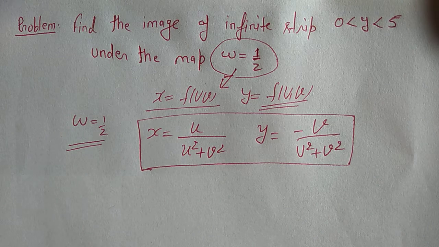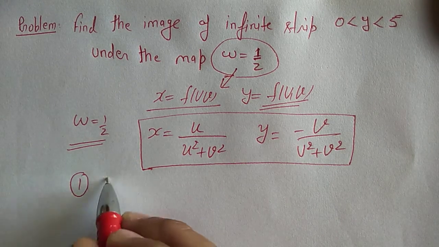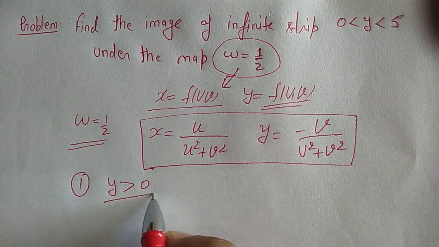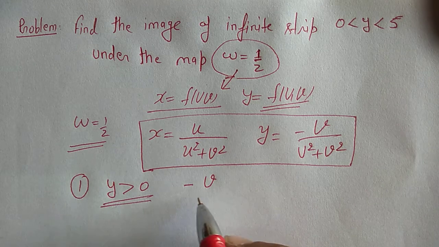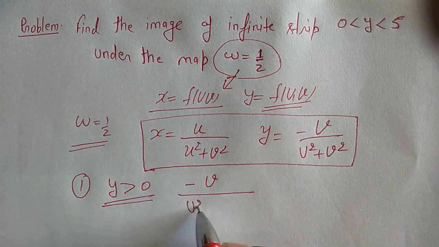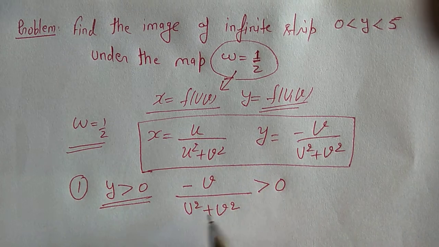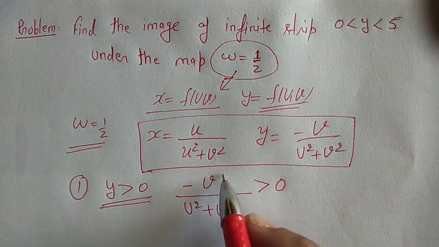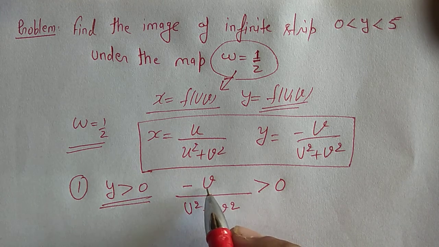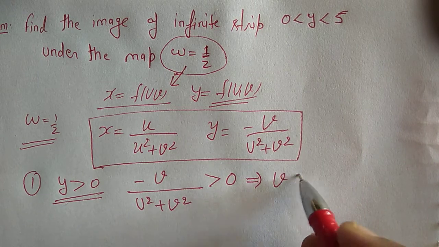So first we have y greater than 0. If y greater than 0, then minus v by u square plus v square is greater than 0. The denominator is always positive and the numerator has a negative sign, so for this to become positive, v should be negative, which implies v less than 0.